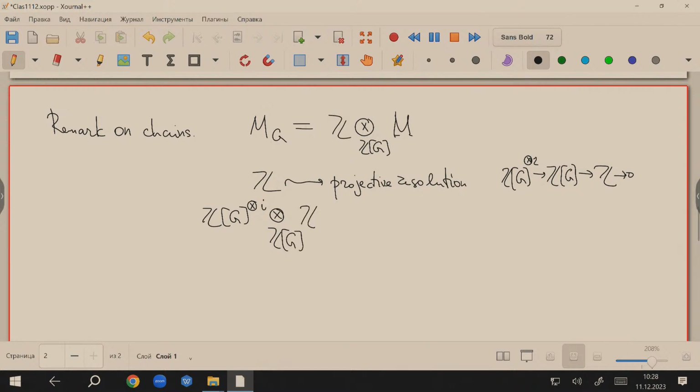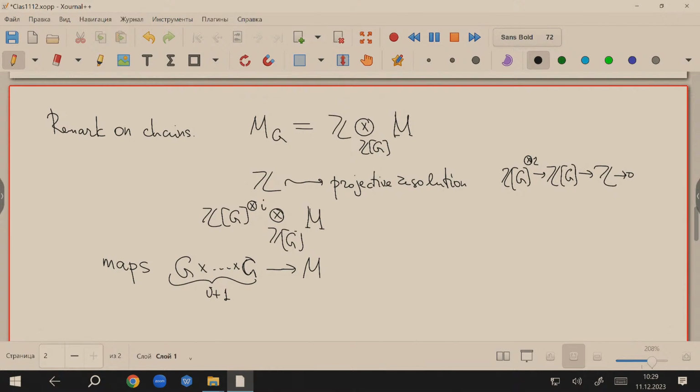This can be viewed as the maps from several copies of G to M. Of course, this is via identification, because for ZG you can identify it trivially with its dual.